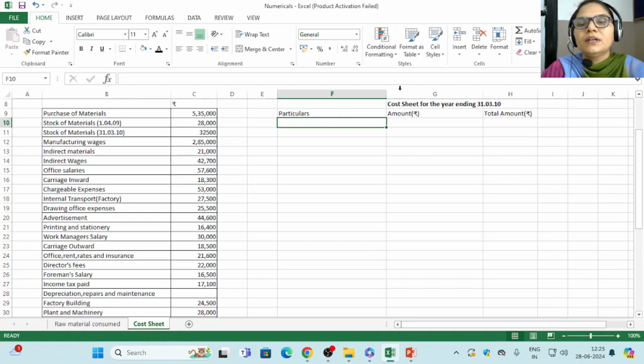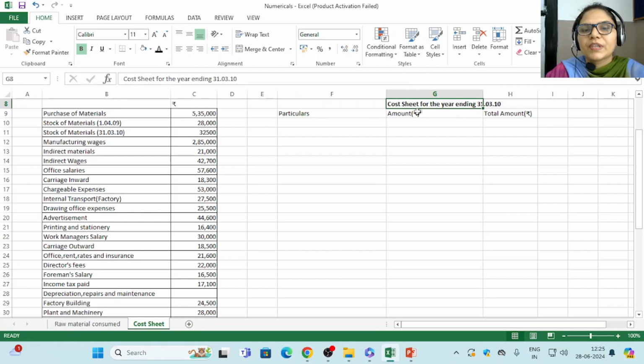First of all, we will prepare a format which is being shown like this. Cost sheet for the year ending 31st March 2010. We will prepare one column, that is particulars, another column, amount, which is in rupees, for mentioning the individual items, and finally the total amount column.